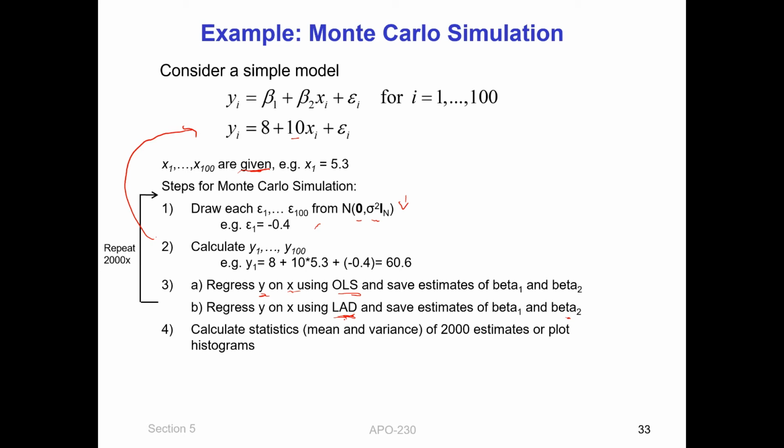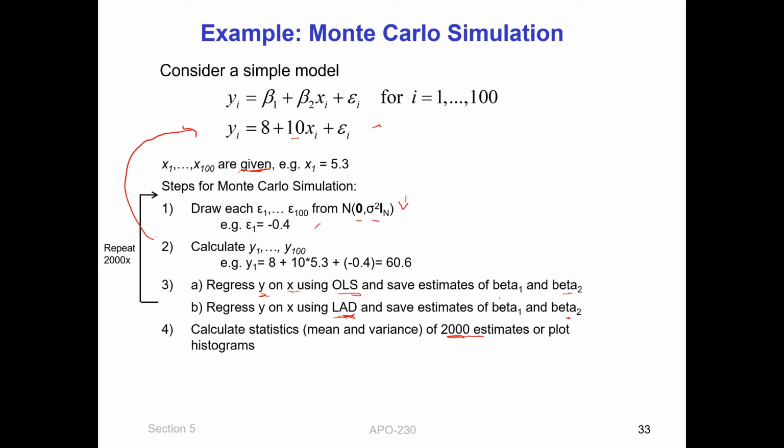Then we collect the beta 1 and beta 2 for each of these regressions, and we repeat this 2,000 times, meaning we draw 2,000 samples, regress the samples using this equation, and collect the beta 1 and beta 2.